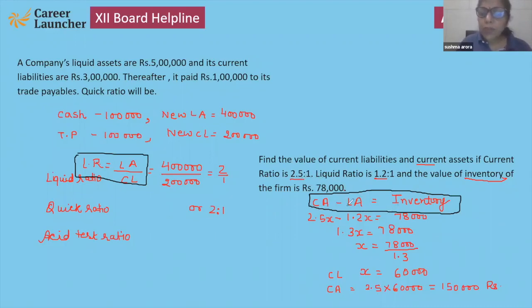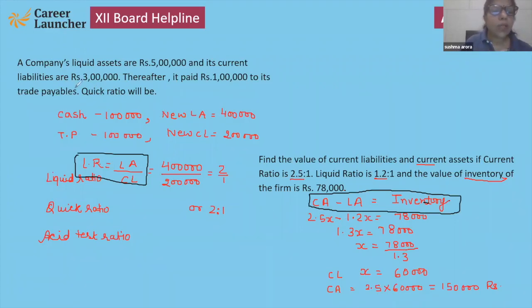The basic difference between current asset and liquid asset is inventory and prepaid expenses. If prepaid expenses are given in the question, we can take them also, because that is the reason for the difference between current asset and liquid asset. Note down, children, how to do that question. This is the fastest way.